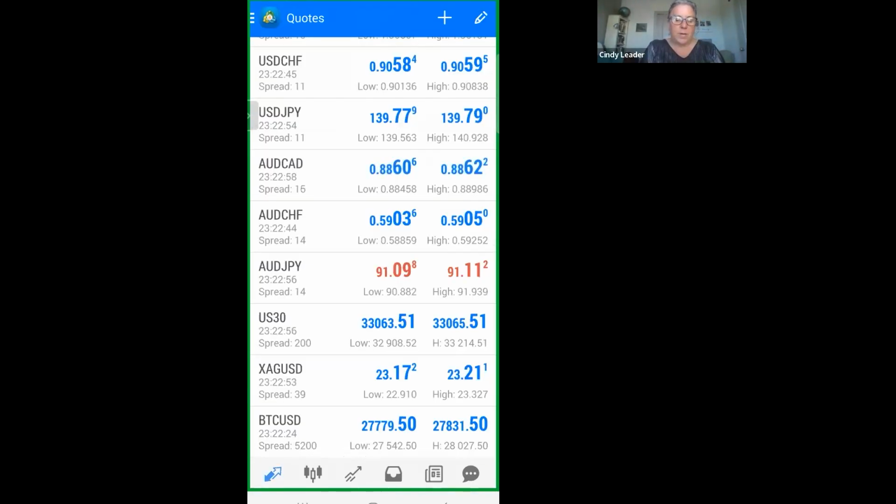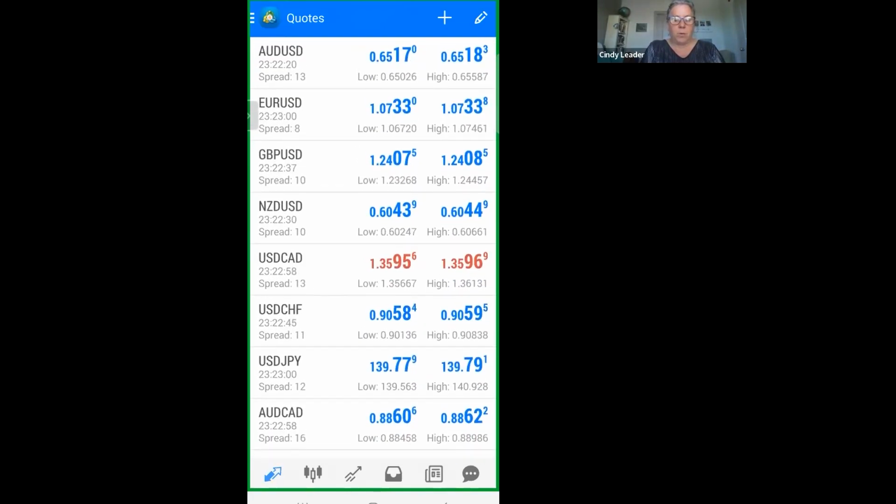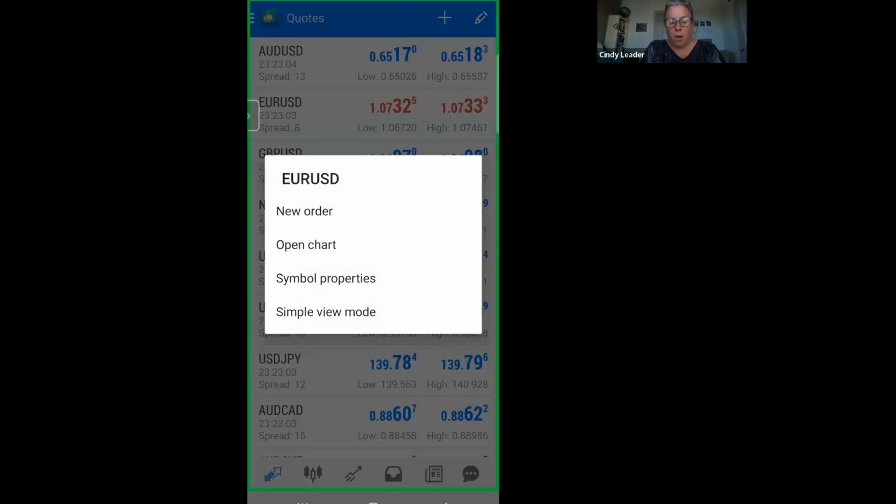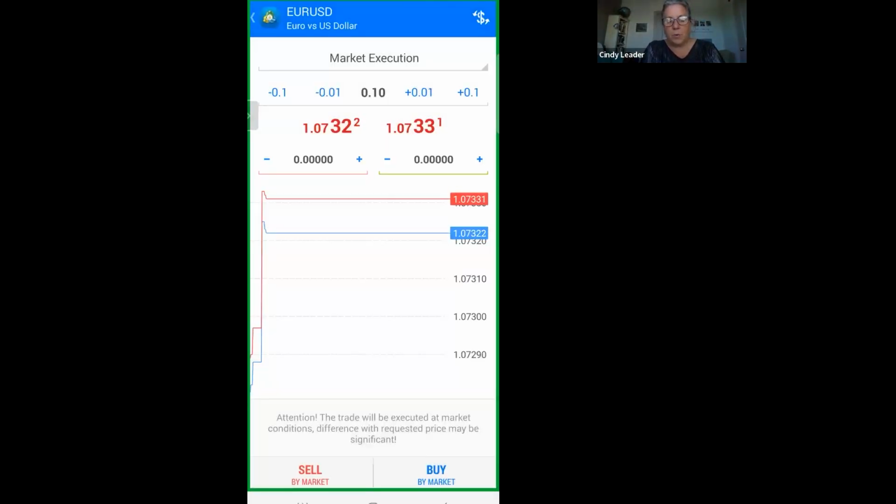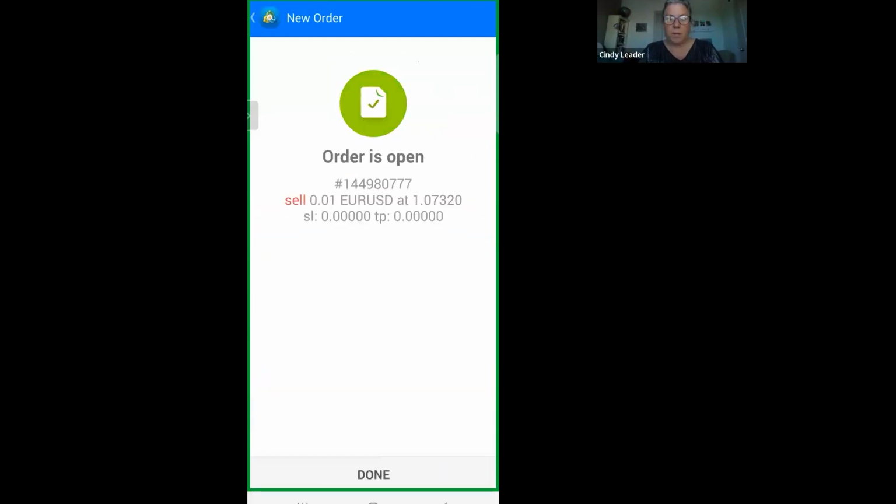Let's do that euro USD. So for all intents and purposes, let's place an order at the smallest that we can do, which is a 0.01, which is a micro, which is what I trade. Since we're not analyzing, I'm not going to enter a TP or a stop loss or anything. We're just going to enter that trade. And I'm entering it for a sell.